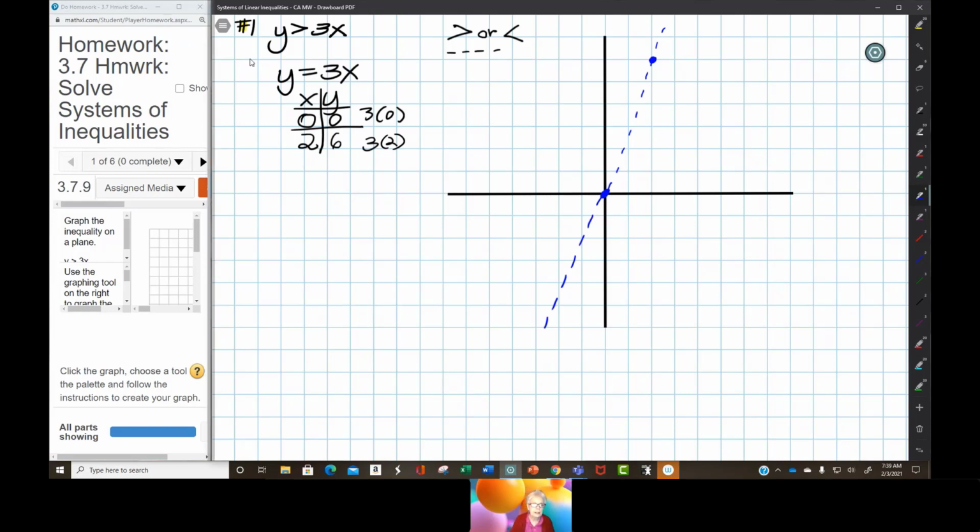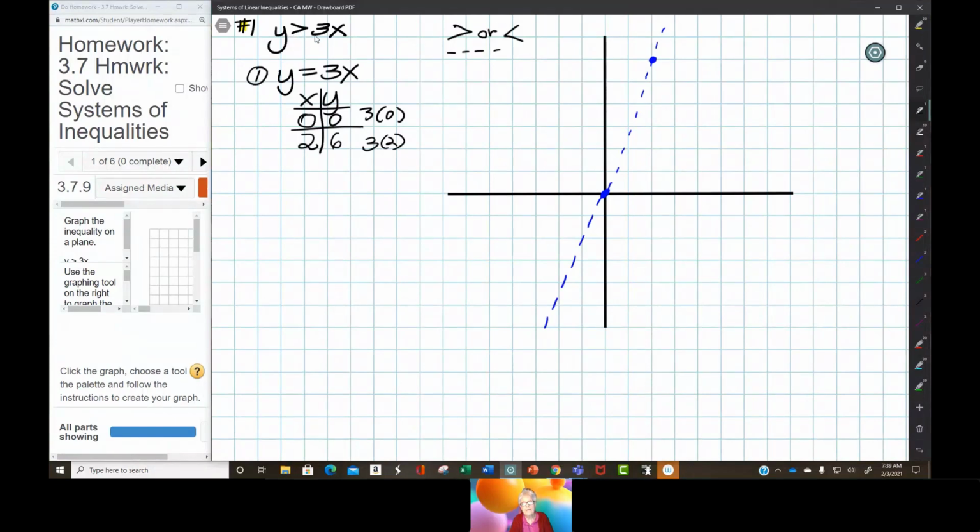Now comes part 2. This was part 1, drawing the line. But it's got to be more than that. If I had y equals 3x, this is how I would graph it, and I wouldn't even bother to make it dashed. But it's really an inequality.